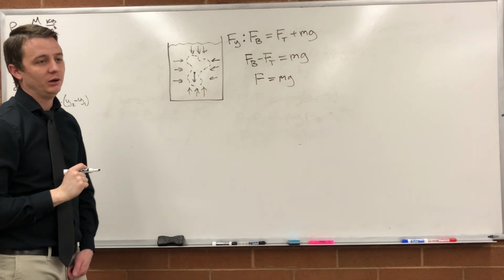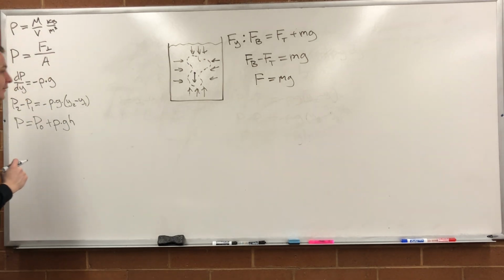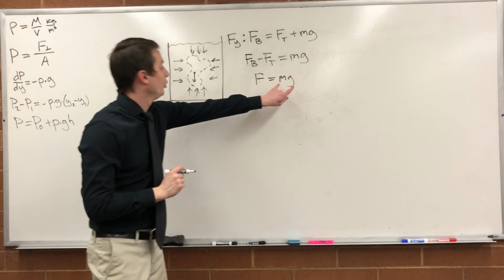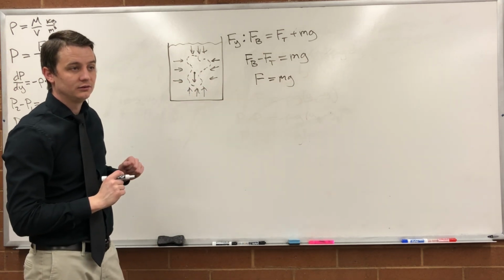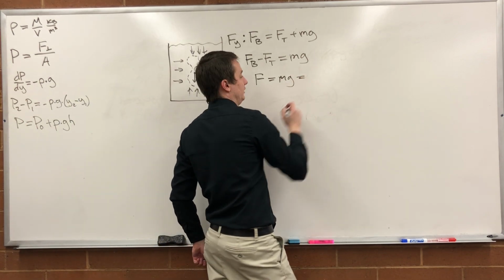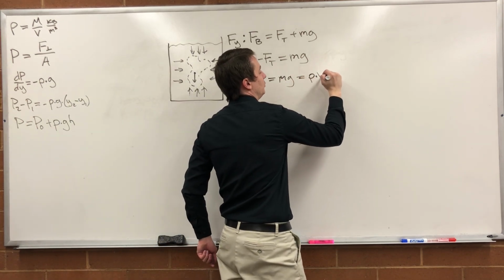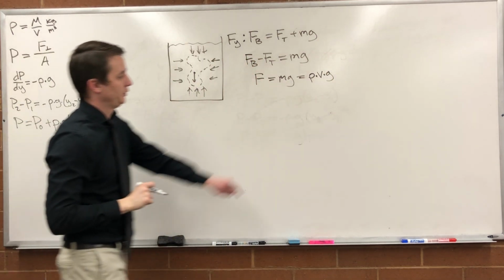It's equal to the weight of the water right there. Another way we can write this is as its density times the volume of that water times g, which is probably the way that will be most useful.